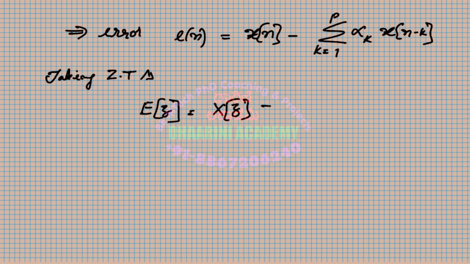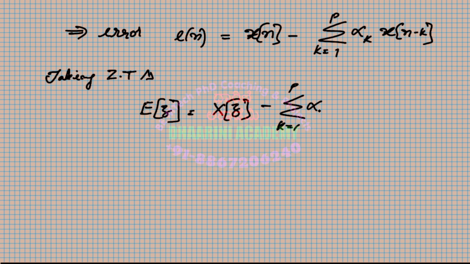You have studied the z transform, correct? It is a linear operator, in the sense I can write the summation as it is. Nothing happens to the summation. So the summation remains, with k from 1 to p, and alpha will also remain the same.